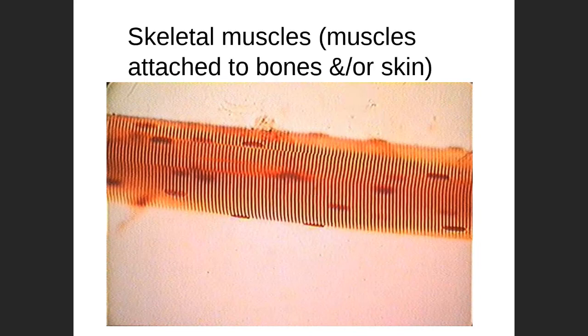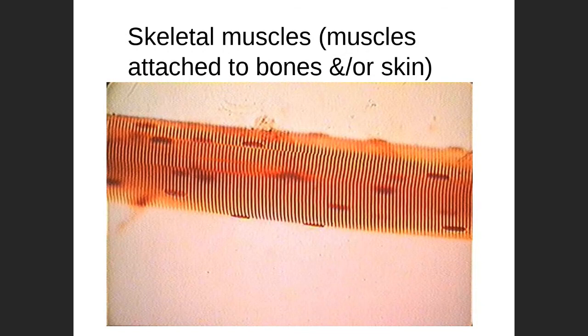So where do we find this tissue? Obviously in skeletal muscles, located all over the place, and the muscles are going to attach to bones, or they'll attach even to the skin. Just know that this type of tissue is found in skeletal muscles.